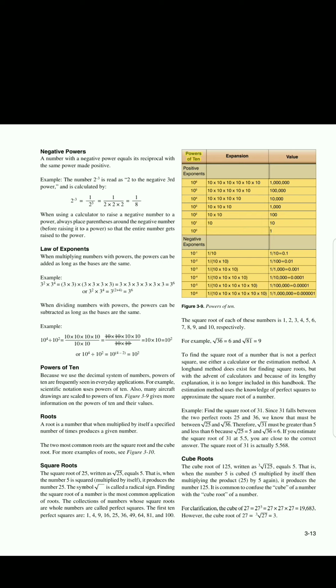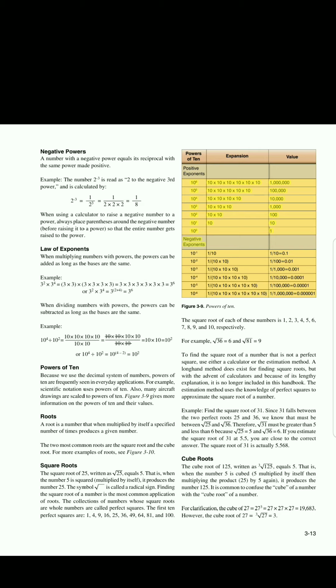Figure 3-9. Powers of 10. Expansion, value. Positive exponents: 10^6 equals 1,000,000; 10^5 equals 100,000; 10^4 equals 10,000; 10^3 equals 1,000; 10^2 equals 100; 10^1 equals 10; 10^0 equals 1.